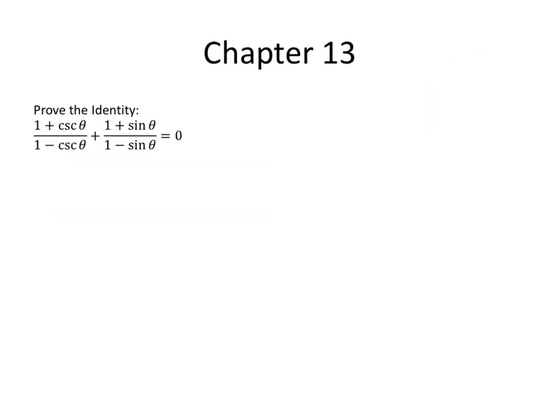Next is everyone's favorite, proving an identity. This one is relatively simple because the right-hand side is 0. You will not be doing anything with this side. You will only be manipulating the left. The first thing that I recommend that you do here is represent these two cosecants in terms of sine.